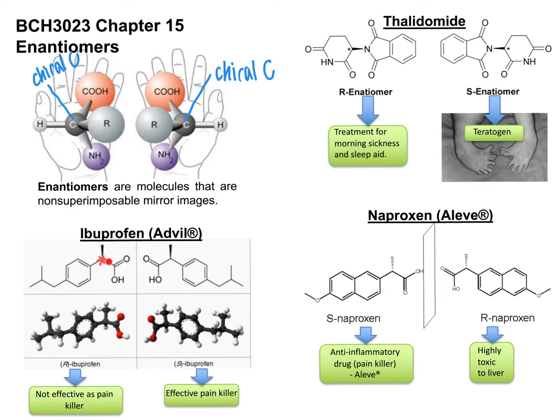We have a methyl group, a carboxylic acid, an aromatic group, and a hydrogen as the 4 groups bonded to that carbon. Around the aromatic ring, there can be no chiral carbons because none of those carbons have 4 different groups bonded to it. They have at most 3 groups bonded because they are carbon-carbon double bonds all the way throughout.